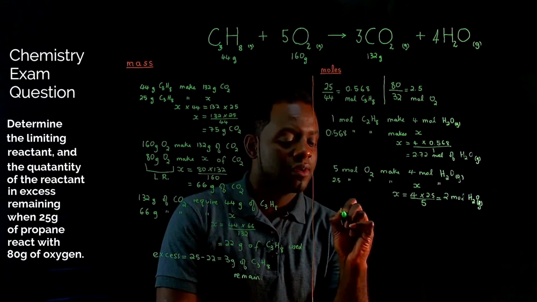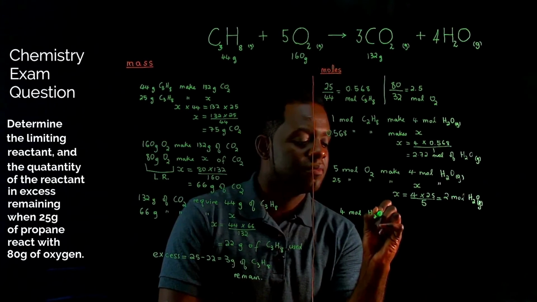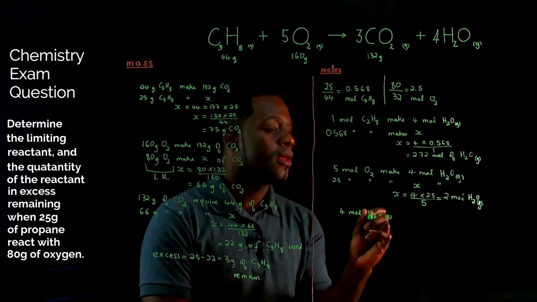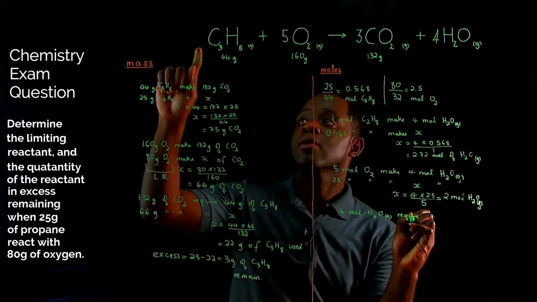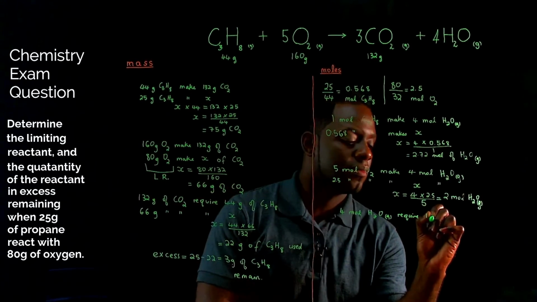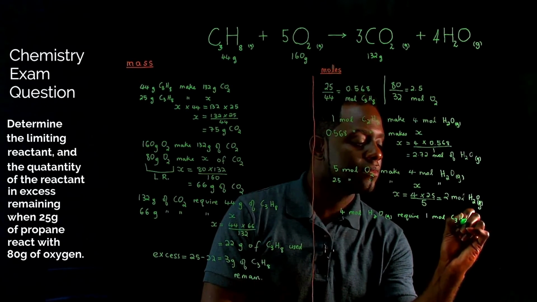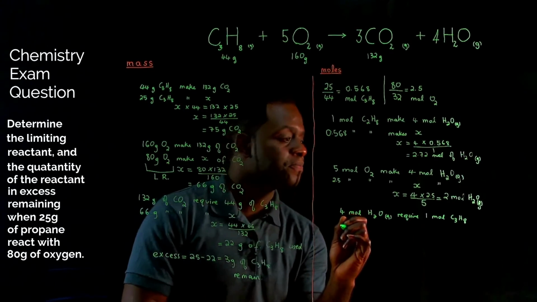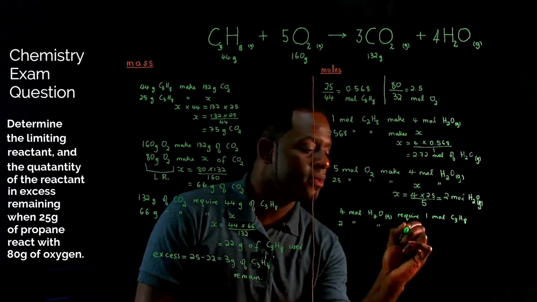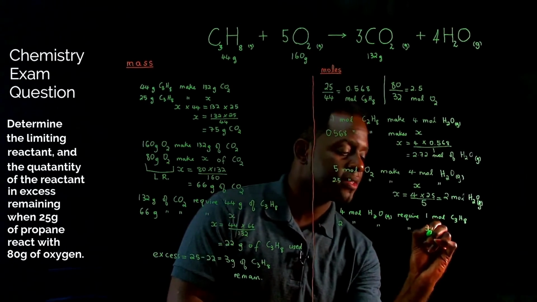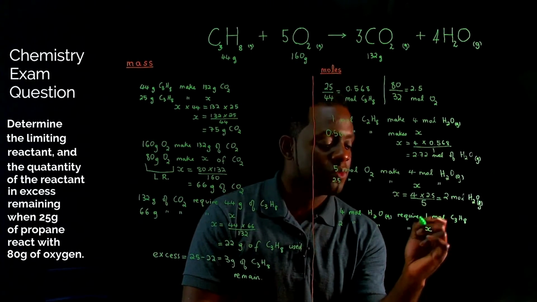So if 4 moles of steam require 1 mole of propane, then 2 moles of steam require X. Now 2 is half of 4, so X of course is half of 1.